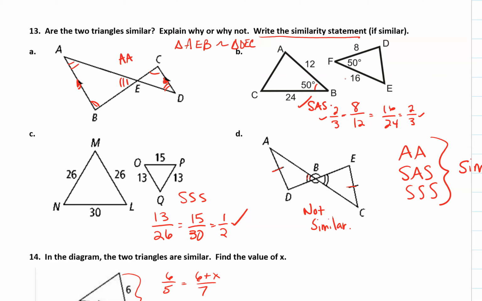And then you have to check to see if the sides are proportional. And then the third one is side, side, side, but check to see if they're proportional. So I'm going to set up a proportion, small to small over big to big. And number 4, we only have an angle and a side, so we can't say they're similar there.